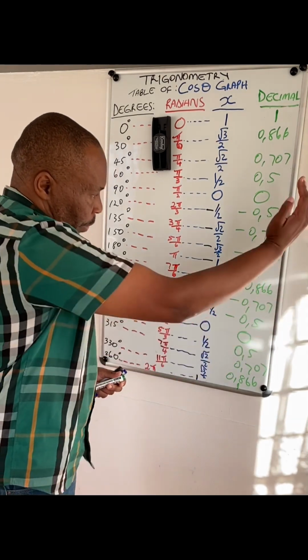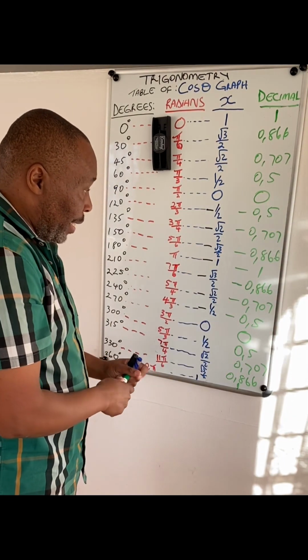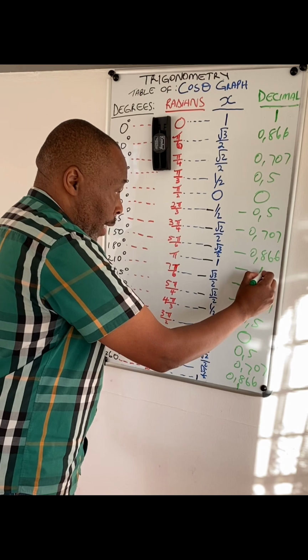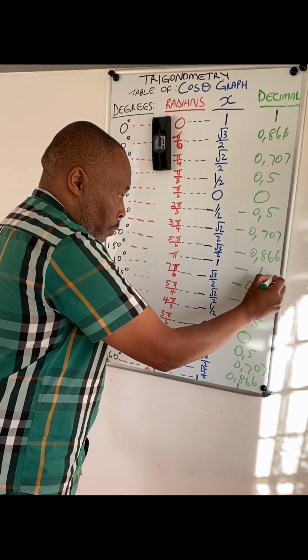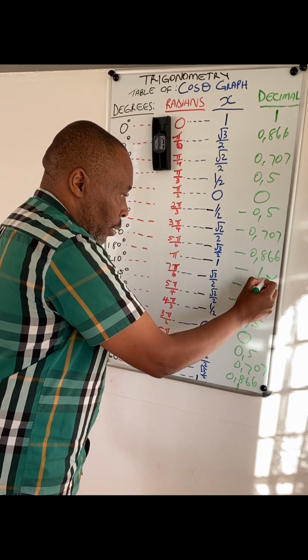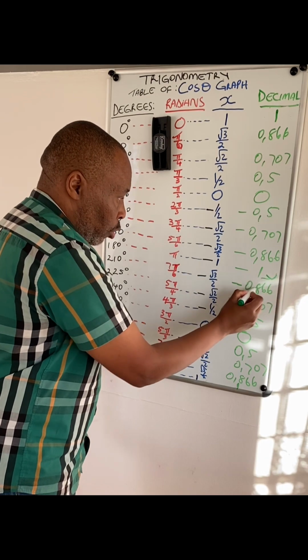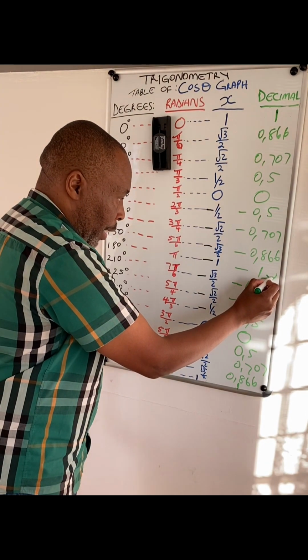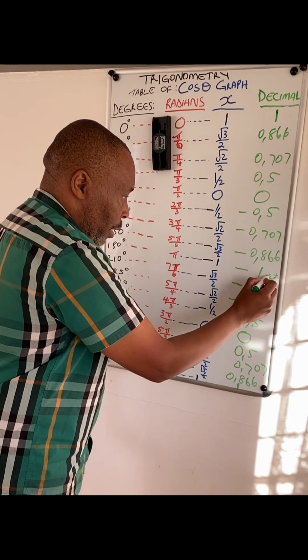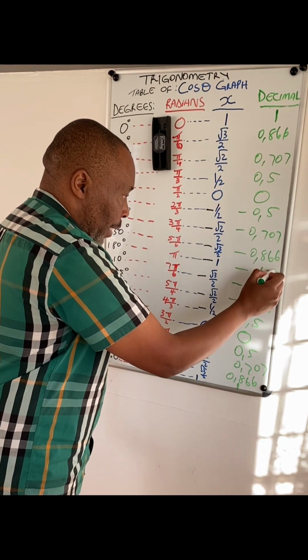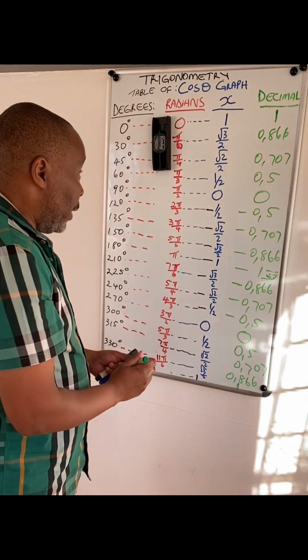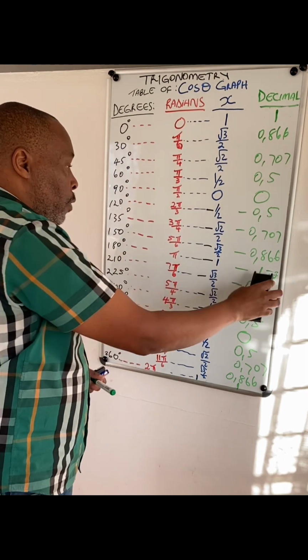And then it comes back again from minus 1. Minus 1 will be here, and then it goes here, 0.866, 0.7, 0.5, and then 0 again. That would be in your graph.